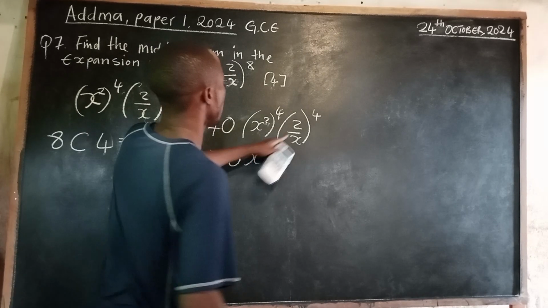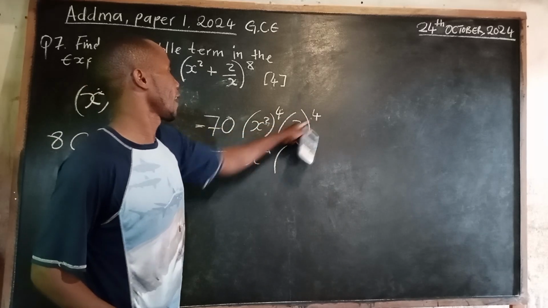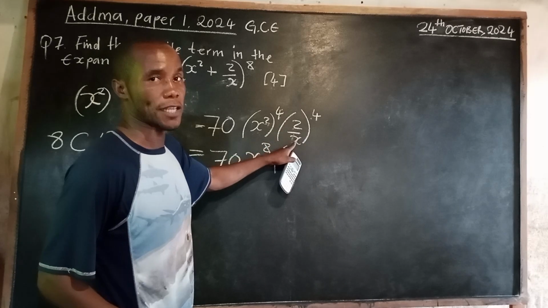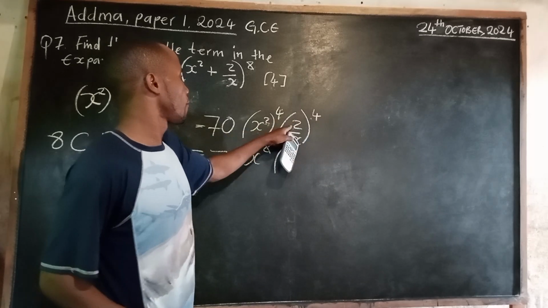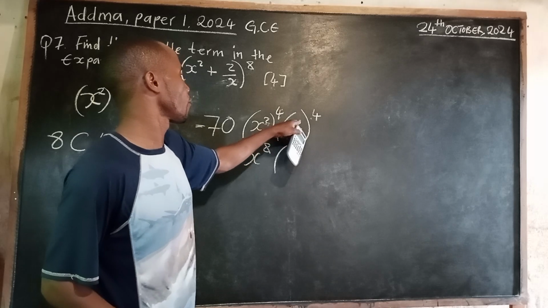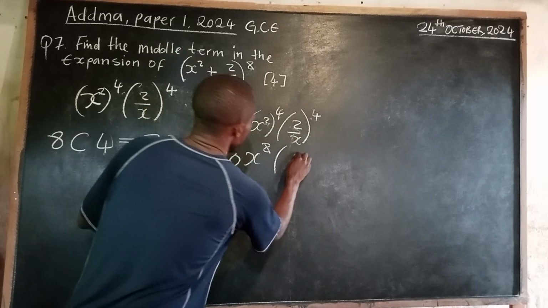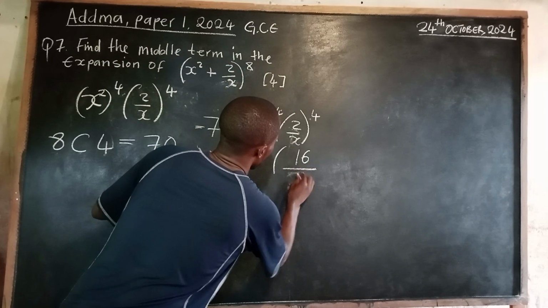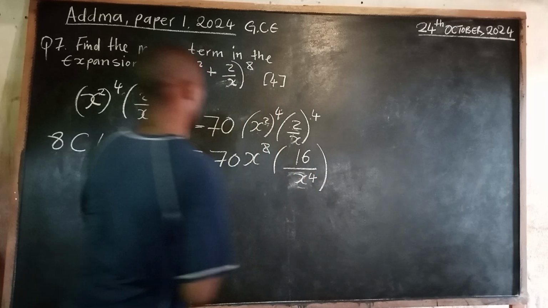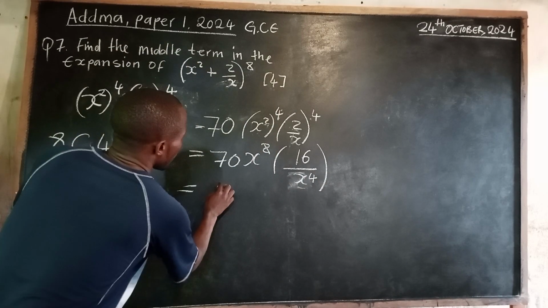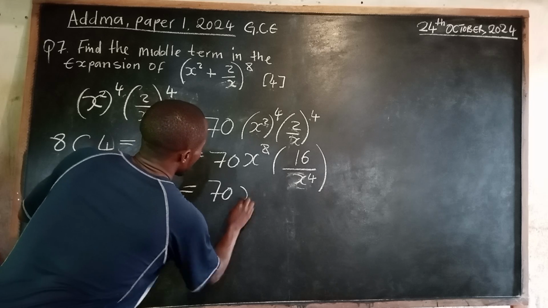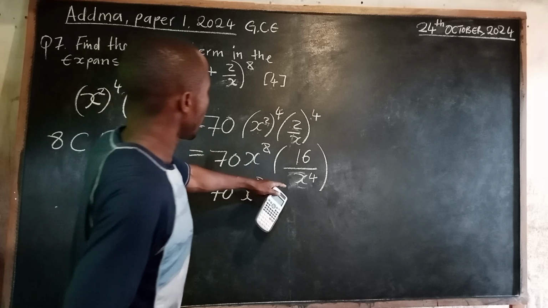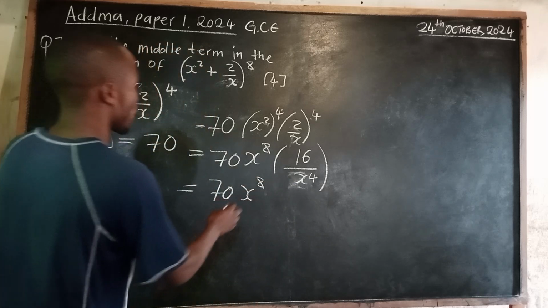Then for the 4 over the numerator and the denominator, 2 times 2 times 2 times 2, or 2 power 4, the answer is 16, over x to the power 4. Then from there we can multiply.